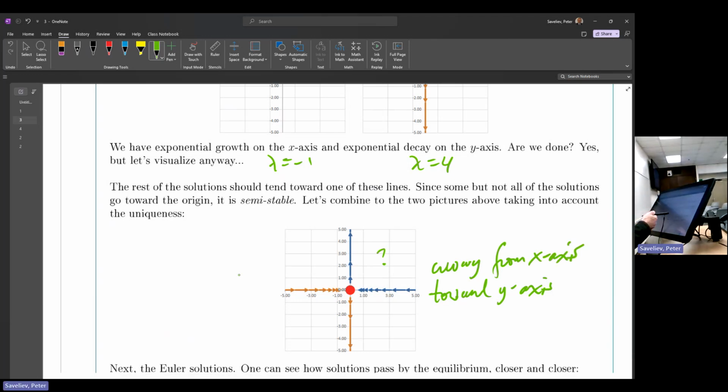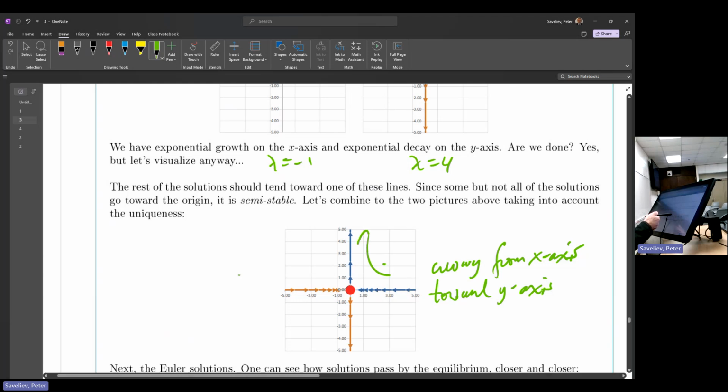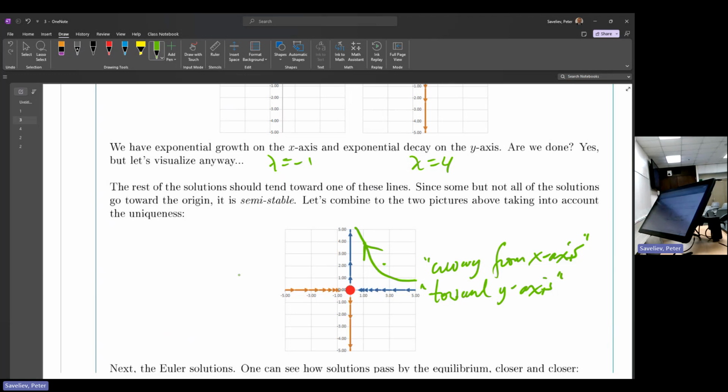So how is it possible? Like this, but not that crude, like this. Away from the x-axis means we're progressing vertically up, but also towards the y-axis, meaning we're decreasing in that direction. That's one crude picture you can produce.